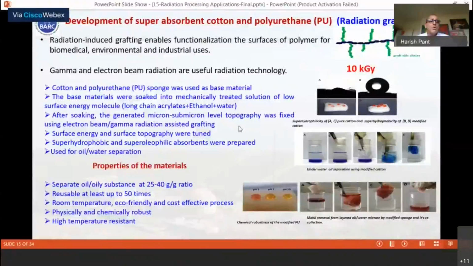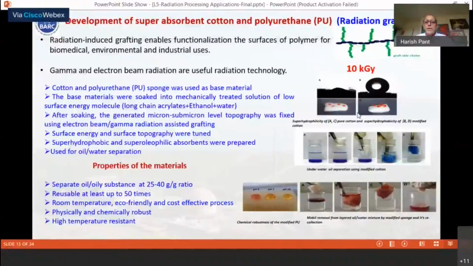By doing so, their surface morphology is changed, and the surface is functionalized in such a way that this cotton becomes super hydrophobic and super oleophilic. Means it absorbs the oil, it absorbs the organic materials, and it repels the water.